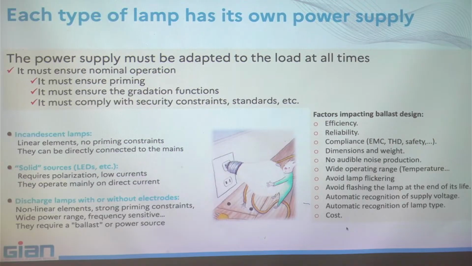They don't have an ignition problem. An incandescent lamp, you switch on, you send the current, the time for the filament to heat up, but it's very rapid. Actually connected to mains, any kind of mains, or in some cases for low voltage lamps, they can be supplied by DC low voltage power supply.